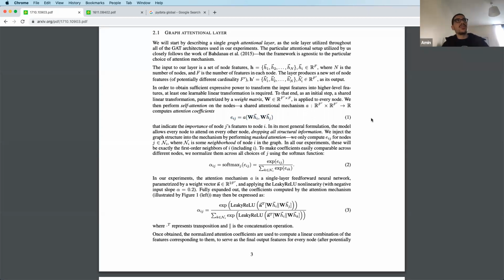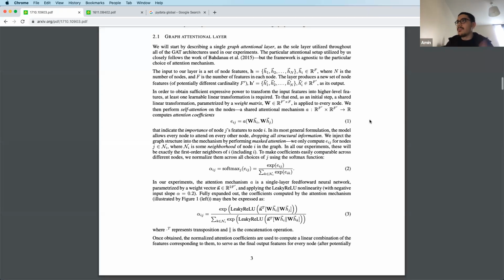Now, if we were to just apply self-attention over all of the nodes on the network, so with respect to one node, apply self-attention to all other nodes, then we would lose all structure. And so the way that the graph structure is included in this model is by applying masked self-attention. So each node is only allowed to attend to its direct neighbors and no other nodes on the network. So this actually satisfies the localization property automatically, just by definition of the model.